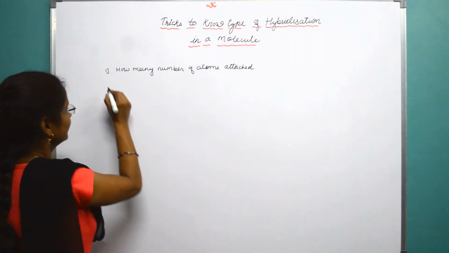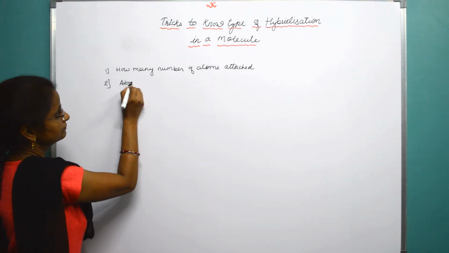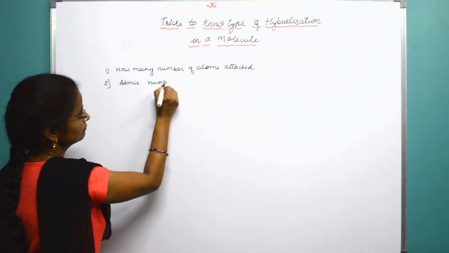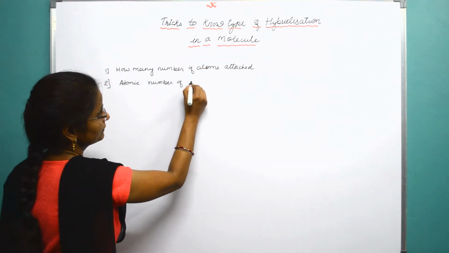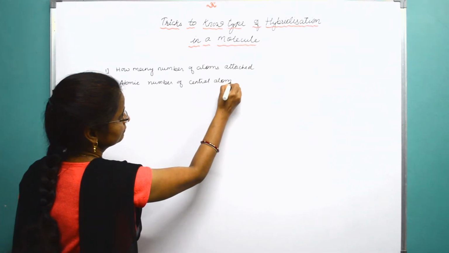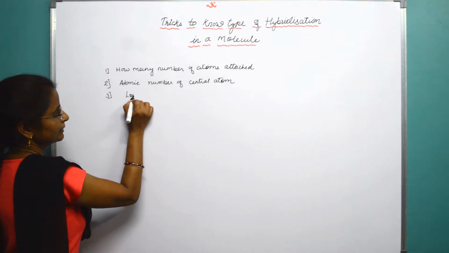Second, the atomic number of the central atom. And next one is lone pair.